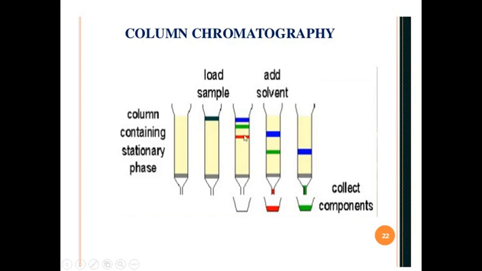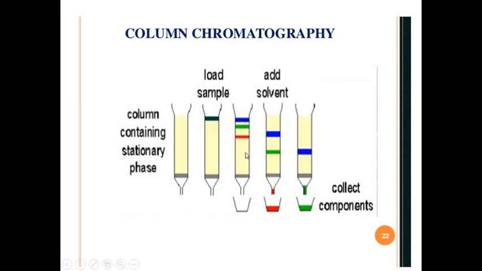So retention time is nothing but the time taken for a sample or molecule to come out from the column. Whatever sample comes out from this column, that process is known as elution. Suppose that out of these three you are interested in the blue type of molecules.